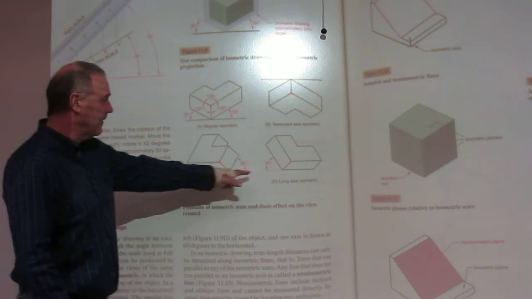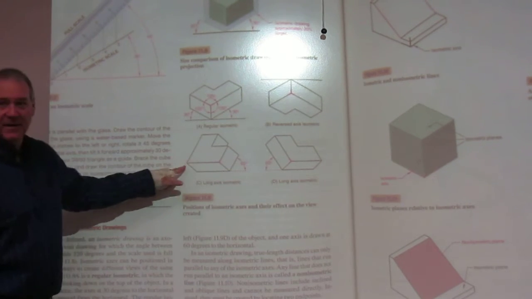Keep in mind, if you want to see the bottom, you can go ahead and draw it in that view. If you want to see the top, whatever the case might be. You can rotate your isometric grid, but you have to rotate all of the angles. That's what they're doing here and here. You can notice the distortion that occurs when you do that, though. Probably better not to.